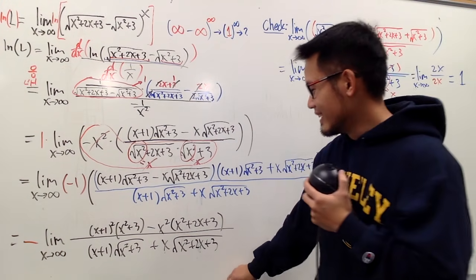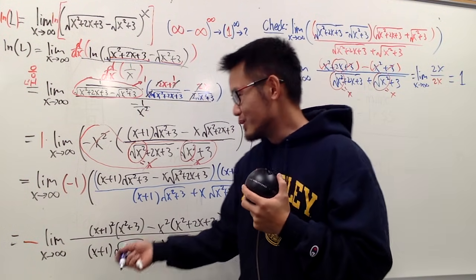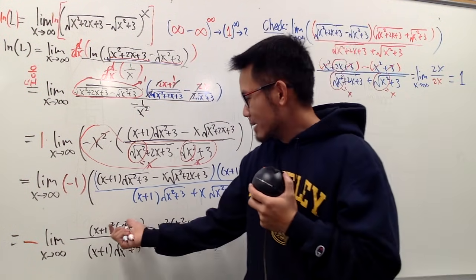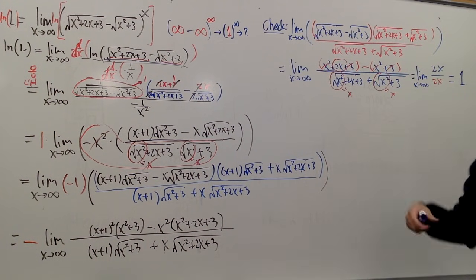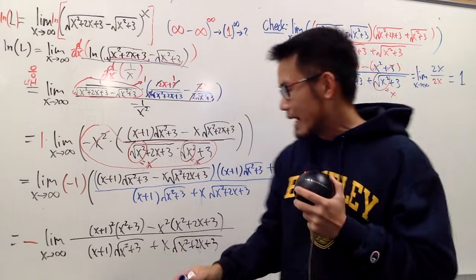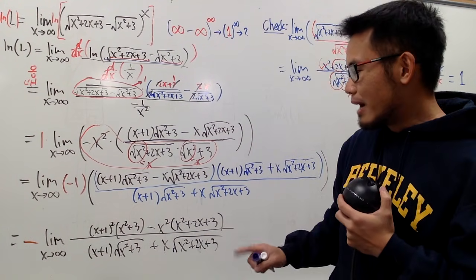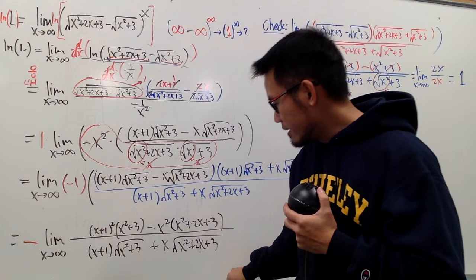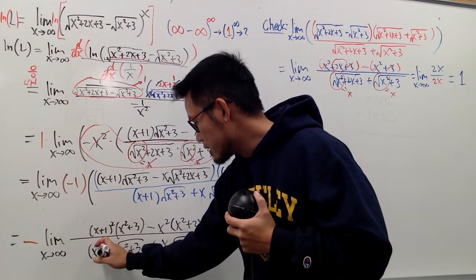And anyway, so now here is the hardcore part. We are just going to do a lot of algebra, because I had to pretty much do the similar things right here. I have to pick out the dominating part, but I need to see if there's anything that will cancel out first, right? I know on the bottom, the thing that will be dominating is the x times the square root of x squared, right? So it's this right here.